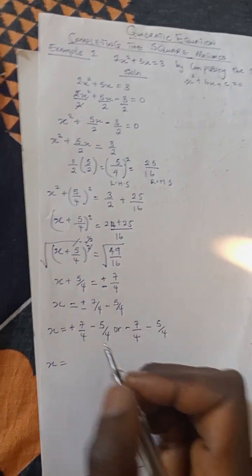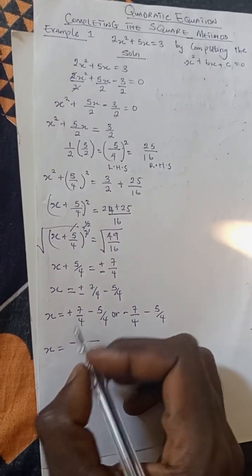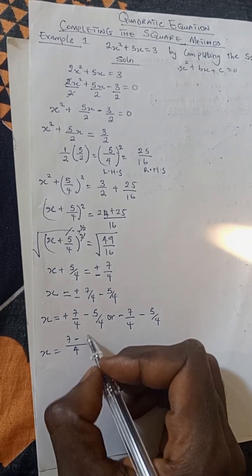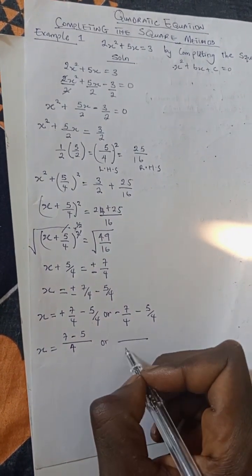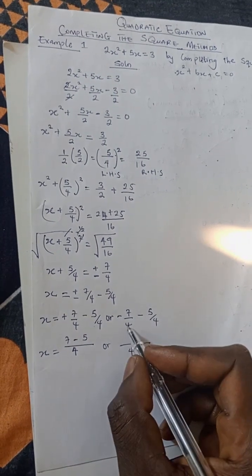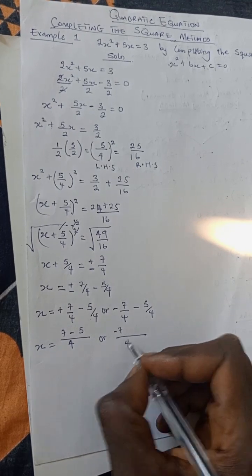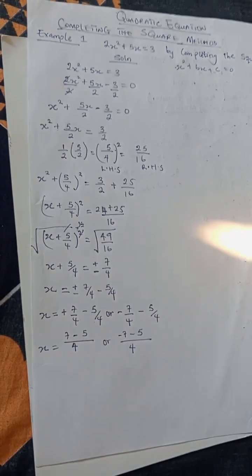What's the LCM? The LCM here is 4. 4 into 4 is 1. 1 times 7 is 7. 4 into 4 is 1, 1 times 5 is minus 5. Or, 4 into 4, LCM is 4, 4 into 4 is 1, 1 times minus 7 is minus 7. 4 into 4 is 1, 1 times minus 5 is minus 5.